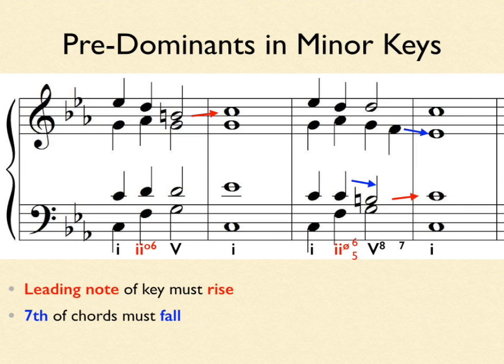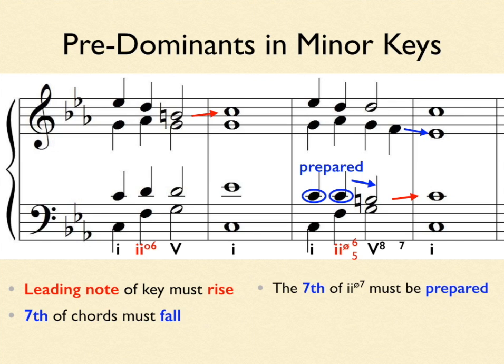The seventh of the supertonic chord, that's the C, is falling down to the B natural in the tenor part. And then you can also see that the dominant seventh is occurring in the alto part in the next chord, and it's falling down from an F down to an E flat, sorry.